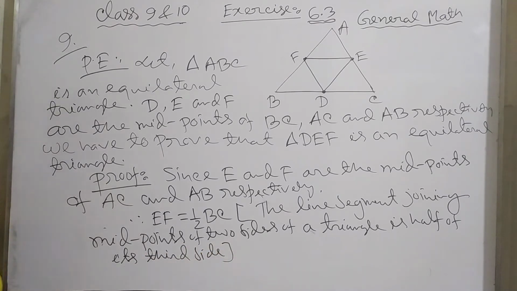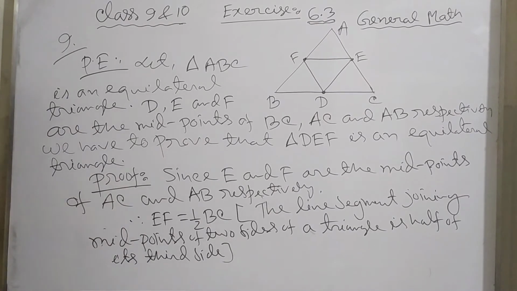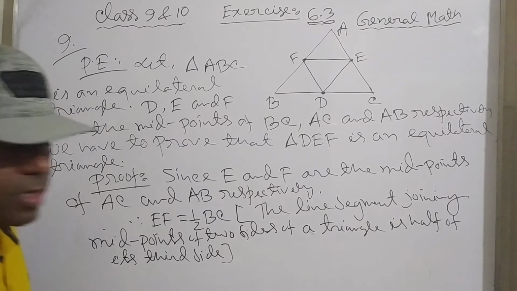The line segment joining the midpoints of two sides of a triangle is half of its third side.